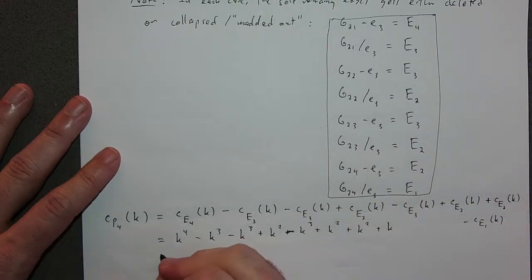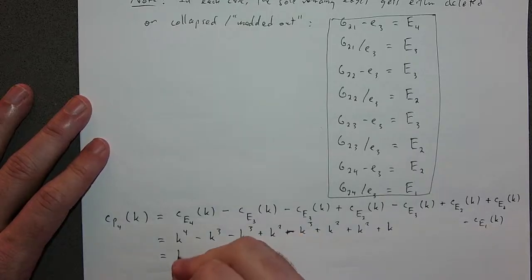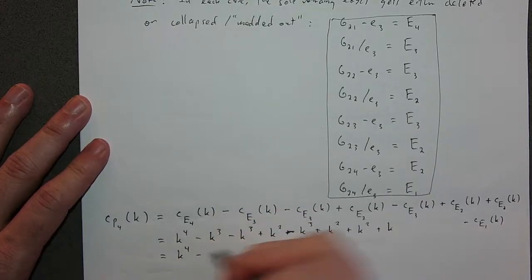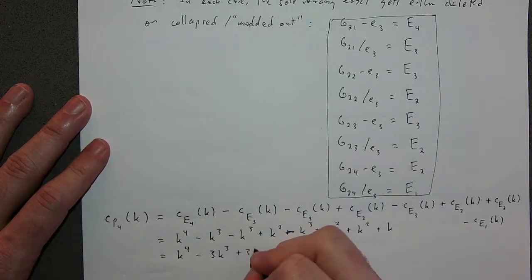So combining like terms, this is k to the 4th minus 3k cubed plus 3k squared minus k.